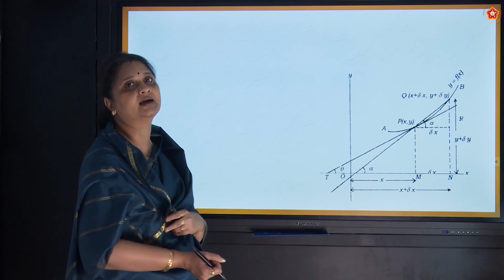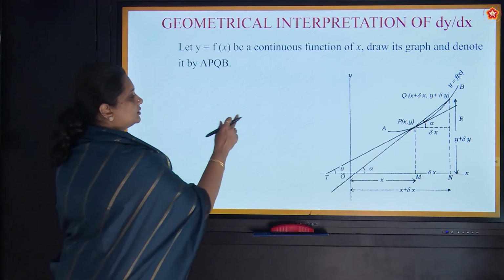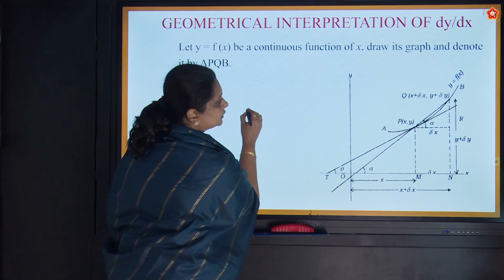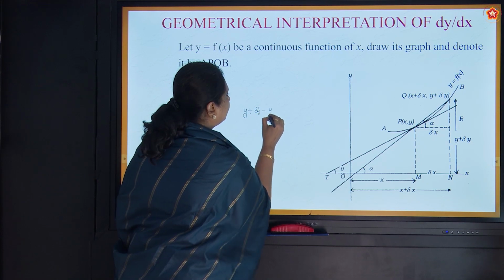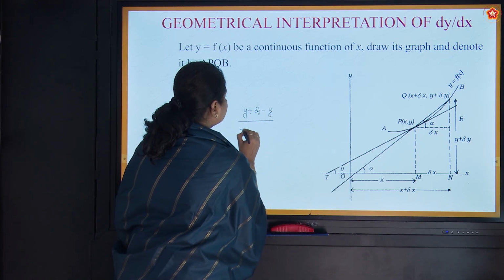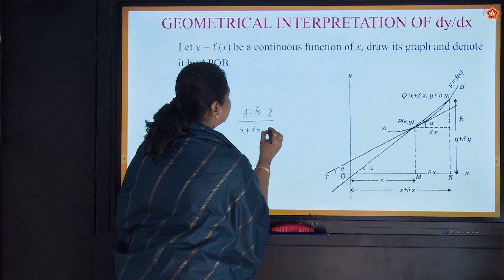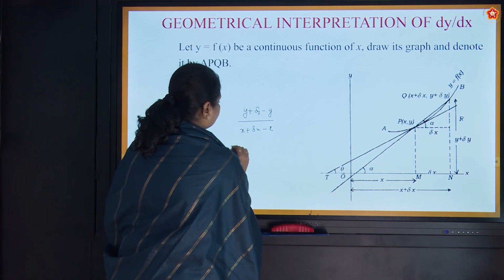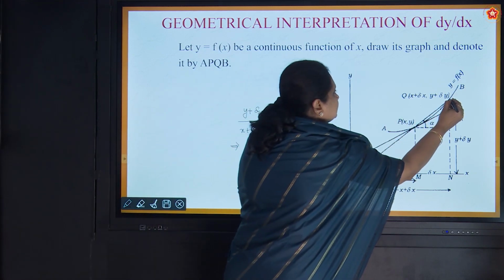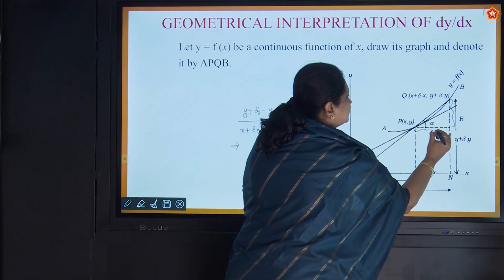So it's clear that the geometrical representation of your derivative is going to be the slope of the tangent at that particular point. So in short, y plus delta y minus y by x plus delta x minus x is nothing but this distance by this distance.